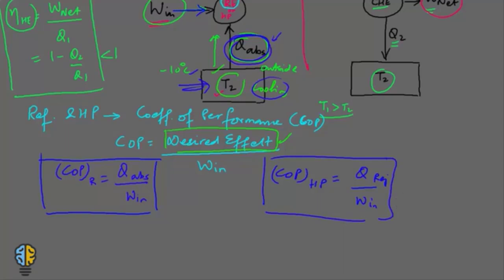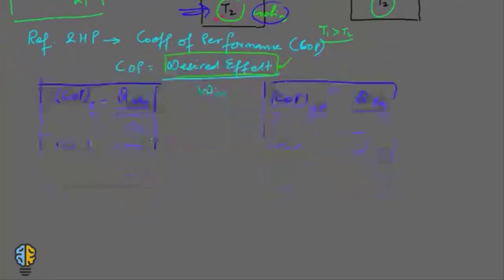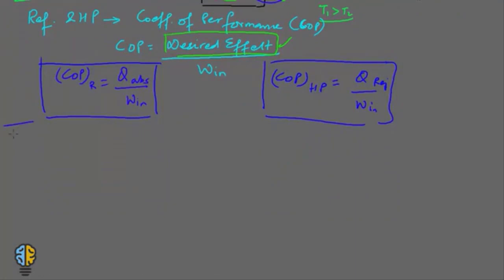Now, if you talk about the relationships, let me write down the heat engine here first of all. Okay. Then let us write down the refrigerator or a heat pump. Right. Now, Q1 is the heat absorbed. Okay, and Q absorbed is denoted as heat absorbed in the case of a refrigerator or a heat pump.